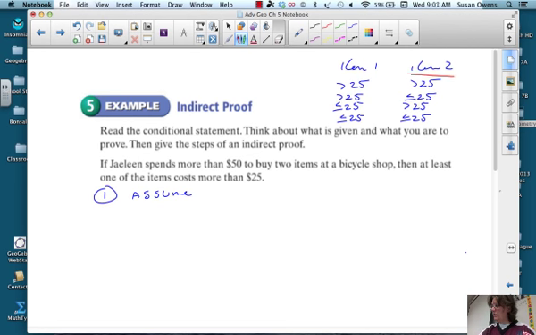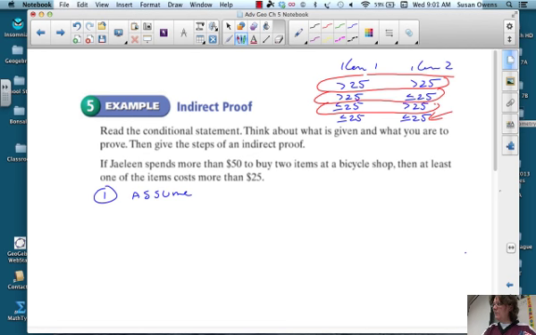At least one item costs more than $25. That would be this, because there would be at least one item. This would also be at least one item. This is the only one that I have to assume is true and show doesn't work, because the rest actually fulfill that at least one item costs more than $25.